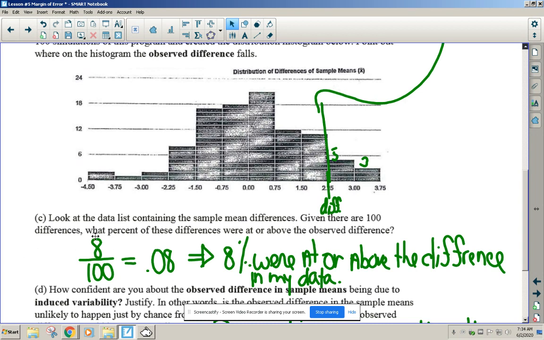Given there are 100 differences, what percent of those differences were at or above the observed difference that we just found? Well, only 8 of them. So 8%. So our data is plausible, but it's not highly likely.